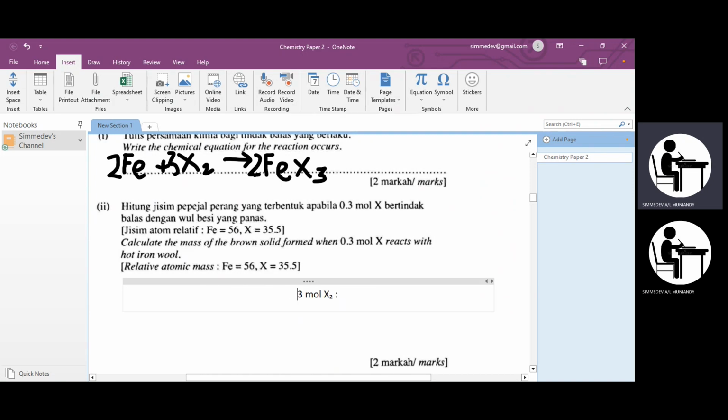Okay, this stays here. Over here, you write mole ratio. You have to have this as the header of your working: mole ratio.